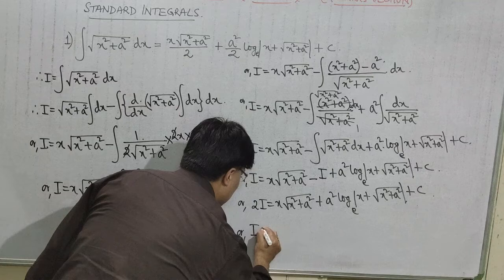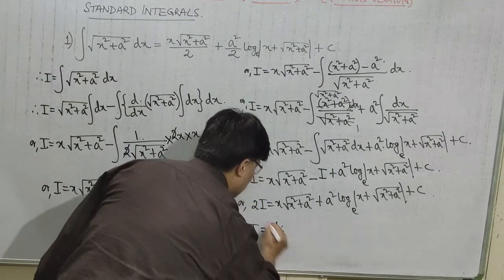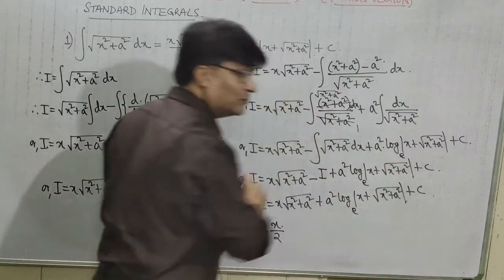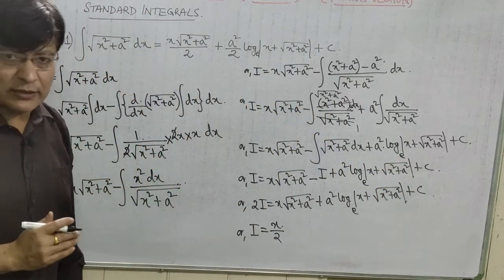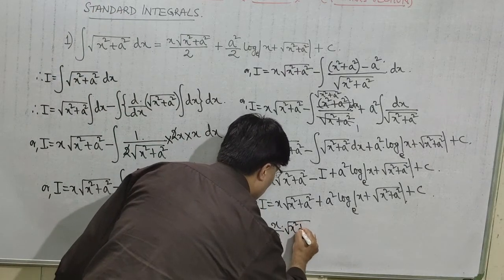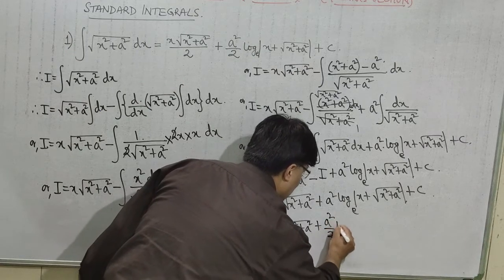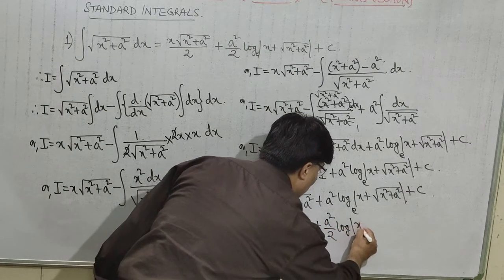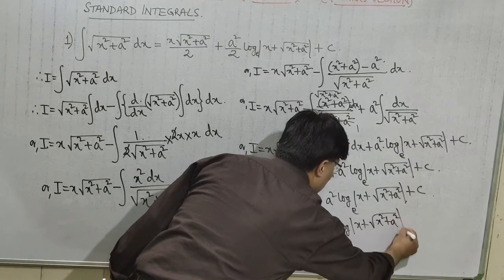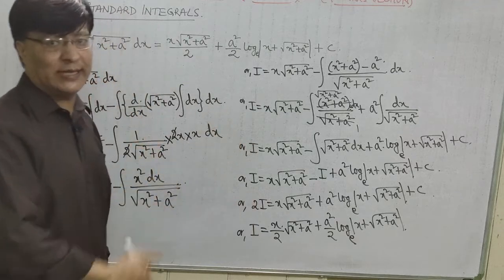So let us get the value for I now. I is equal to, what do we write? This 2 is taken to the right hand side. You can write it in the denominator, in each and every term. So it is x by 2 root over x square plus a square plus a square by 2 log of mod x plus root over x square plus a square, mod sign closed, the base is e, plus c by 2 is there.